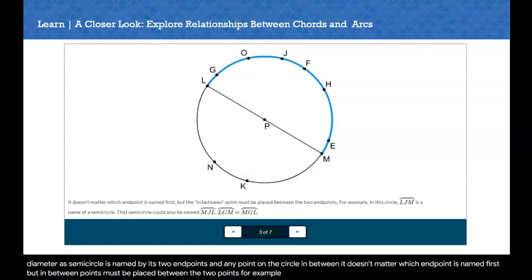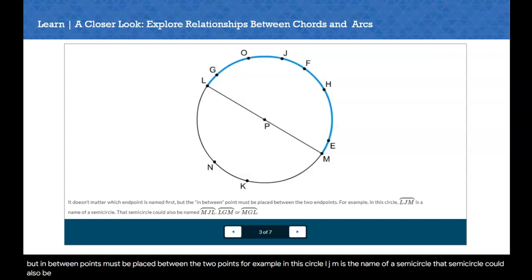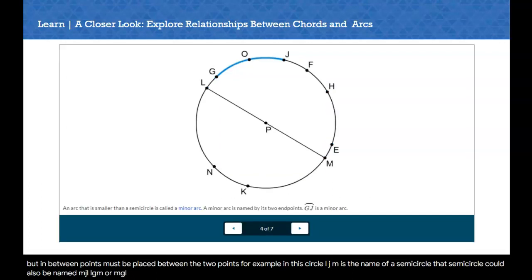For example, in this circle, LJM is the name of a semicircle. That semicircle could also be named MJL, LGM, or MGL. An arc that is smaller than a semicircle is called a minor arc. A minor arc is named by its 2 endpoints, GJ.